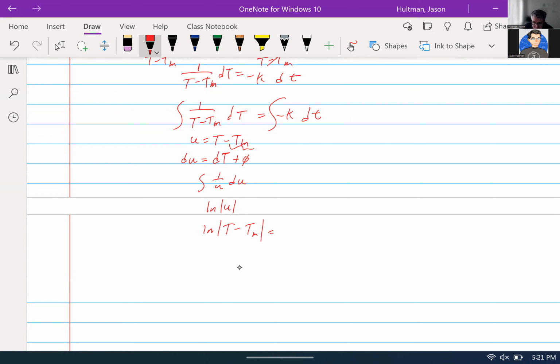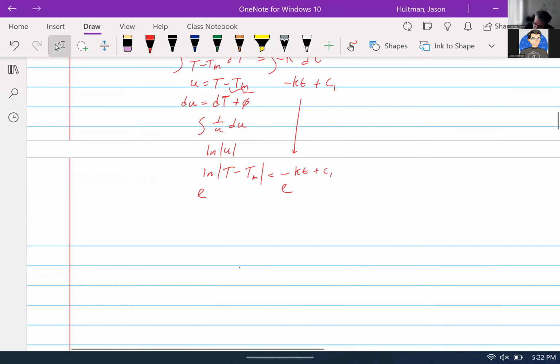Again, k behaves like a constant. And so negative kt plus c1. So let's drop that down, negative kt plus c1, because we are going to let e be the base.